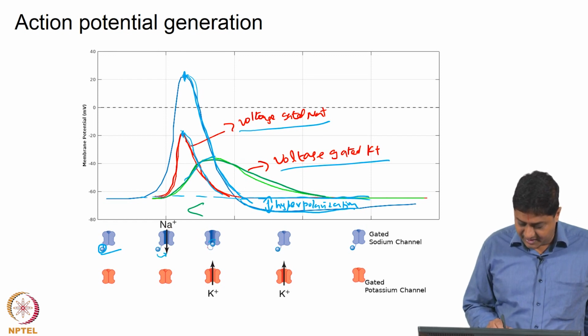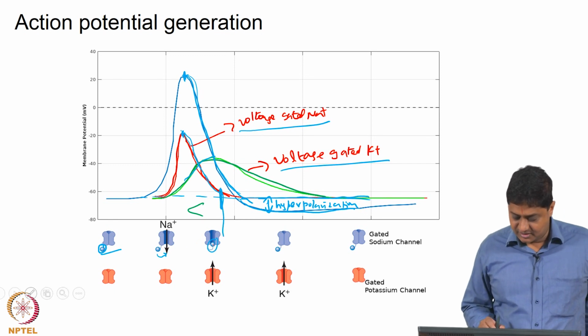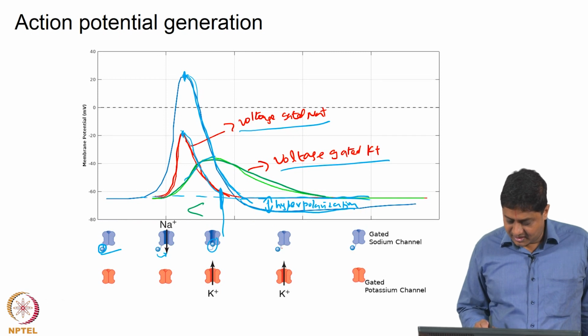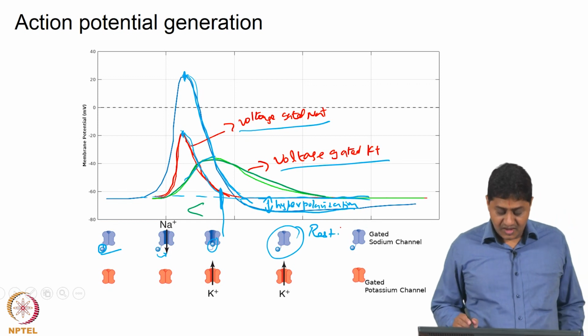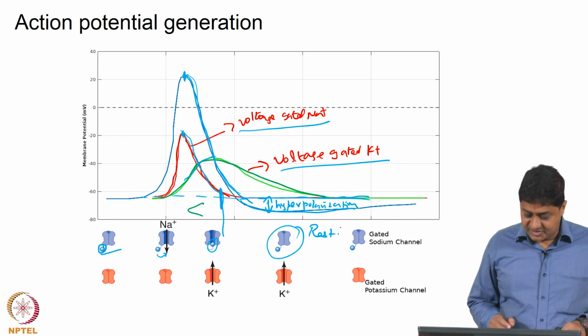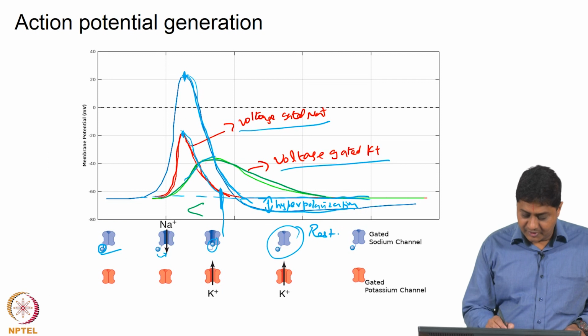That happens at around that point. The inactivation gate is closed. After some time, the voltage gated sodium channel goes back to the rest state. This is the rest state. But when does the voltage gated potassium channel open? That is approximately at that point, for example.